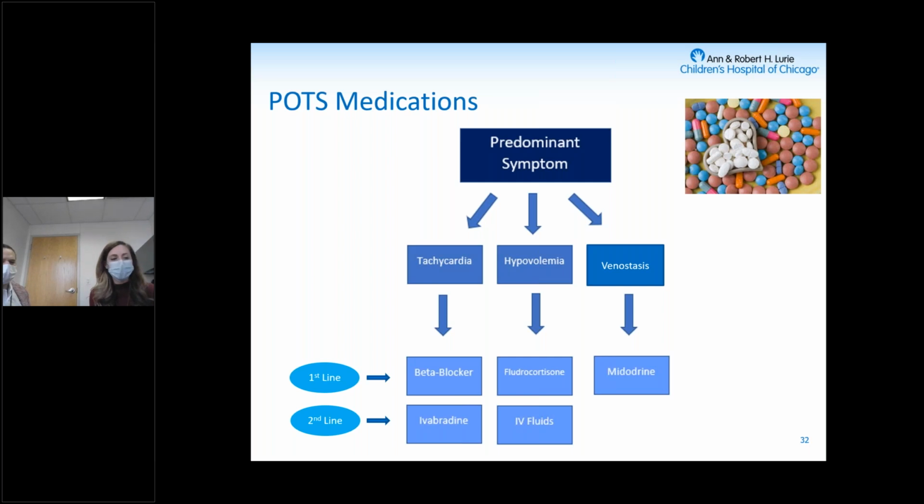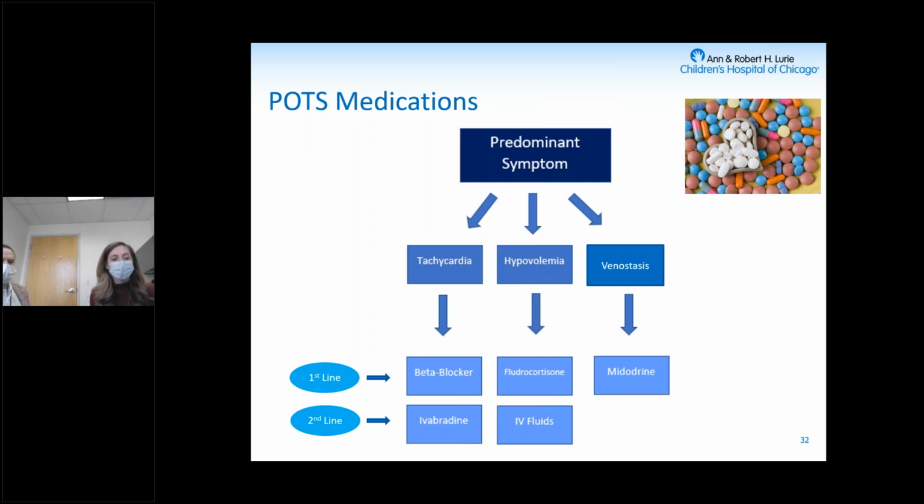We also use a medication called ivabradine, which I'll talk about a little bit later, as our second line treatment in patients who don't tolerate beta blockers or if the beta blockers drop their blood pressure. And then if patients are complaining of hypovolemia or we're seeing them with low blood volume, we do use fludrocortisone.